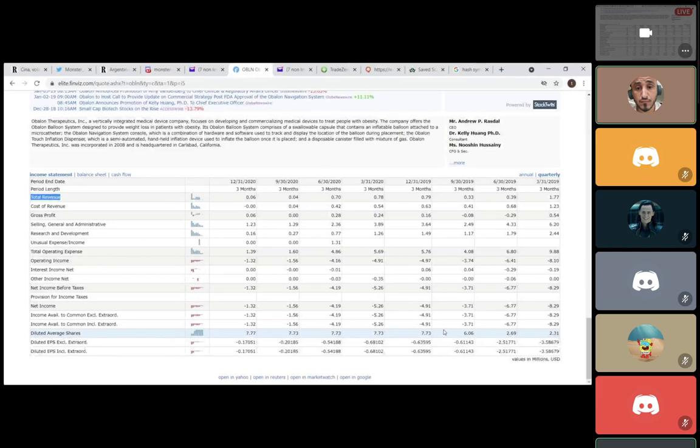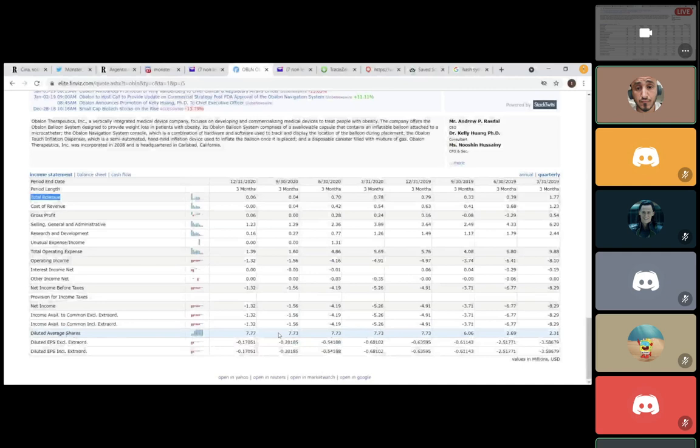How do you see into an income statement if a company is doing offering? You have over here the diluted average shares. You can see over here. Okay, you see here this is the float of the company. In this case, we have 7.77 millions, and if you look in June 2019, they have 2.69 millions.